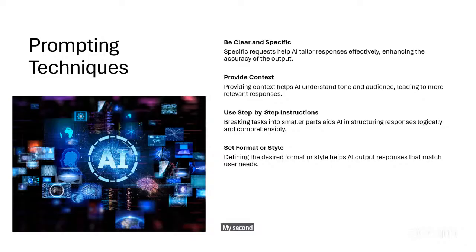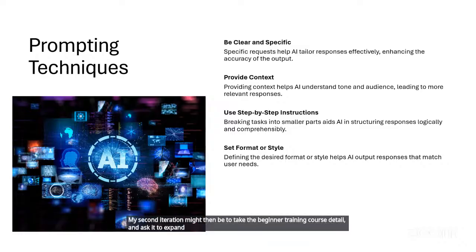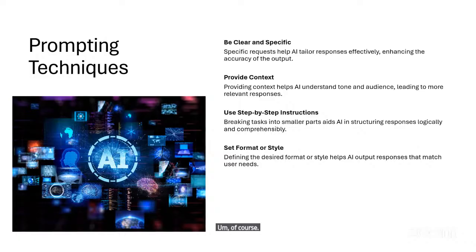My second iteration might then be to take the beginner training course detail and ask it to expand on that detail until eventually I end up with the entire course content for that particular item. Right. Of course, we can then take that, put that into Word. We can translate it using generative AI into a PowerPoint presentation.